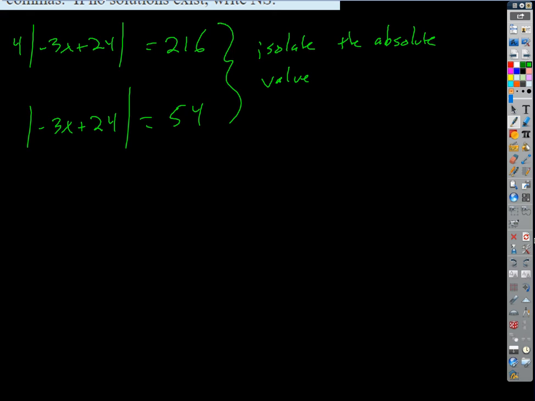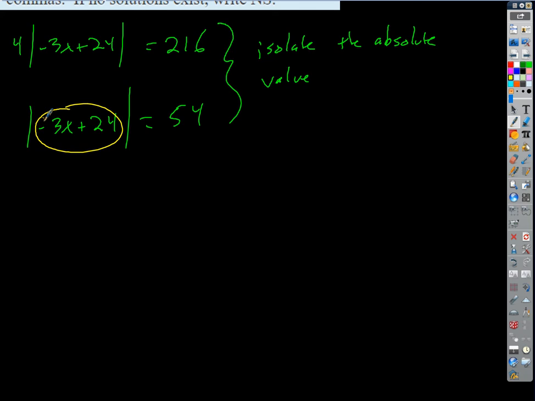What's the trade? No, I can't do that, because that's making changes inside the absolute value bars. Good, there you go. Whatever's inside is off limits, right? Whatever's inside the absolute value bars, we can't change.